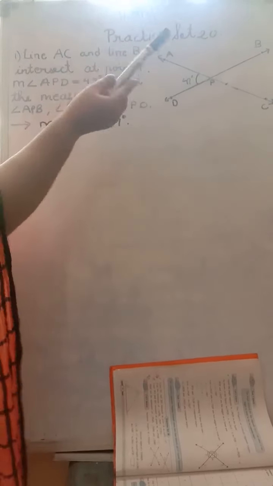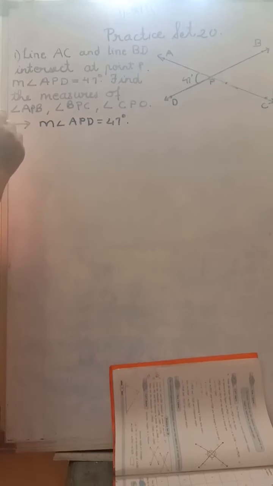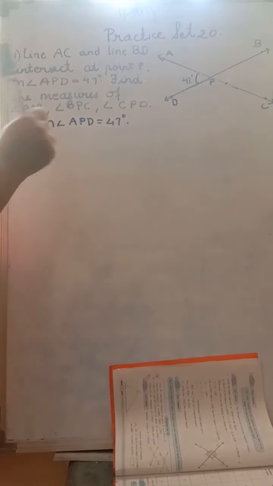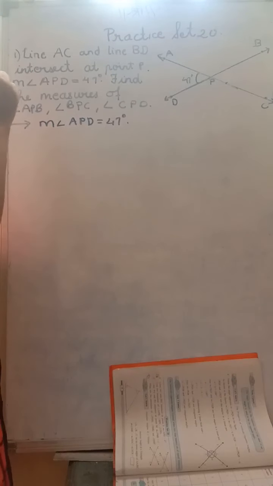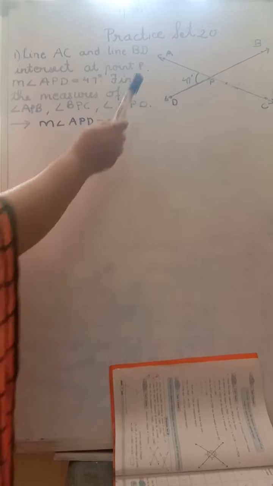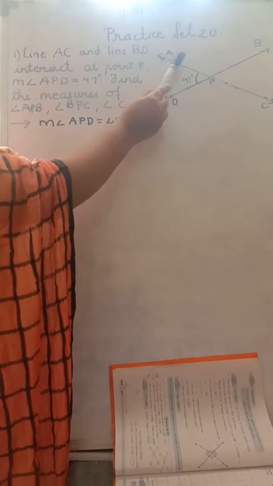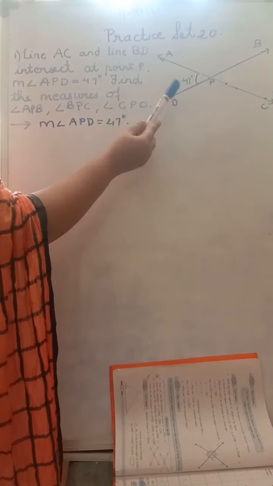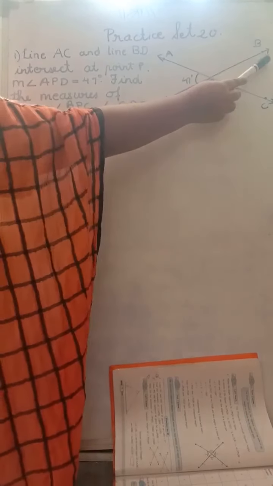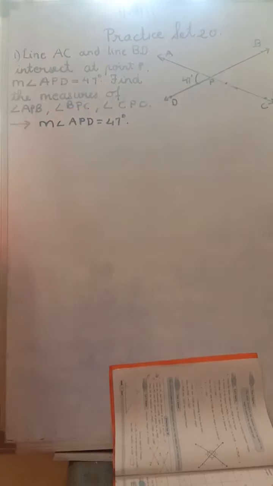Okay. Now we know one property. Yes, what is that property of vertically opposite angles? What does that property tell? Vertically opposite angles have equal measures. Means first find out the opposite angle. See here, APD is the angle. Which is opposite to it? Yes, angle BPC.